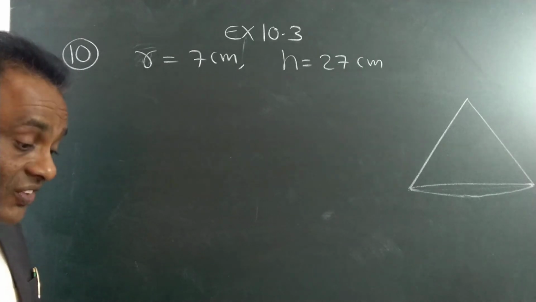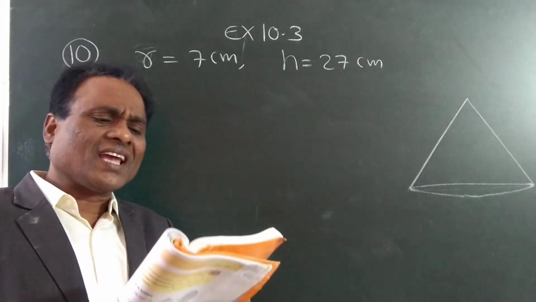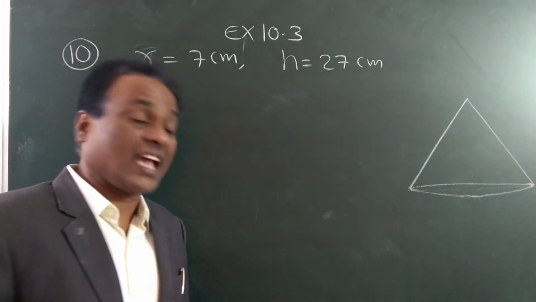Radius 7, height 27. Find the area of the sheet required to make 10 such caps.